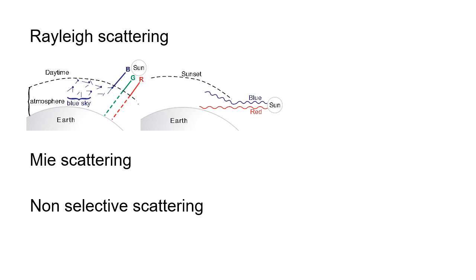The third one is non-selective scattering, and it occurs when the particle size is much larger than the radiation wavelength. Typically, particles responsible for this effect are water droplets and large dust particles. Non-selective scattering is independent of the wavelength within the optical range.